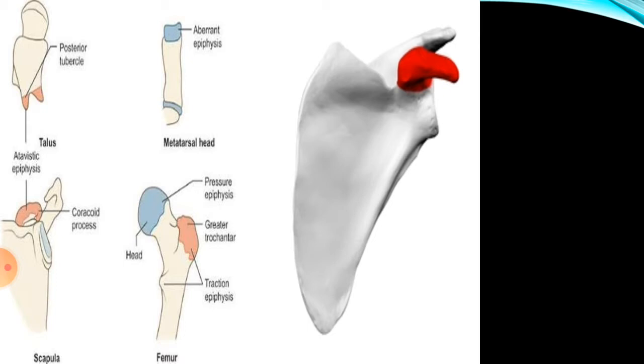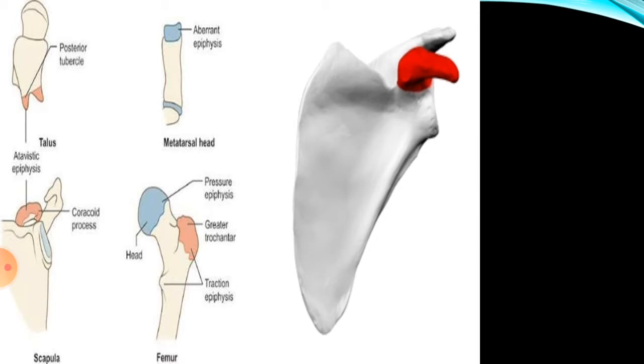We have already discussed the traction epiphysis, and we saw that some of the muscle tendons were basically inserting on the traction epiphysis. So the function of traction epiphysis is to provide a space for the insertion of the muscle tendon. So that's the difference between the pressure and traction epiphysis.